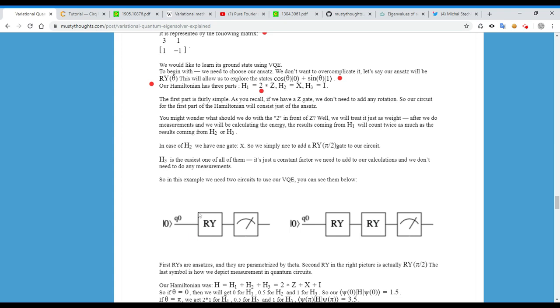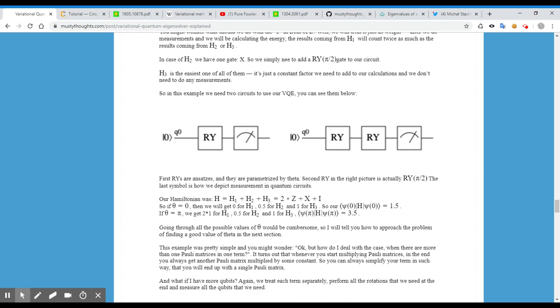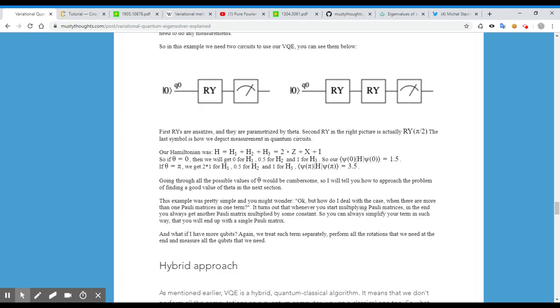There's no rotation, just a measurement, right? That's H1, and H2 is one rotation. Oh yeah, sorry, that's the ansatz, of course. The ansatz itself is an RY, parameterized by theta. The second RY in the right picture is actually an RY, but if you use Quirk, you can see that in an easier way.